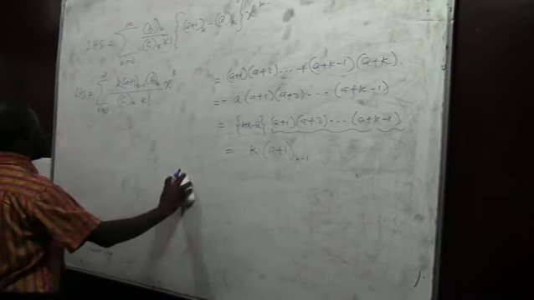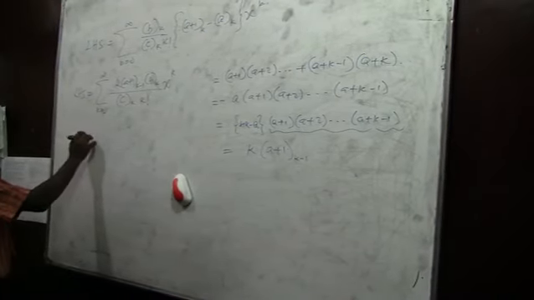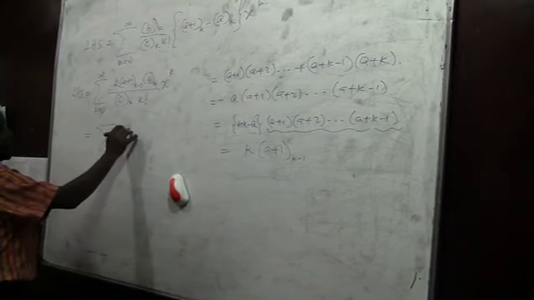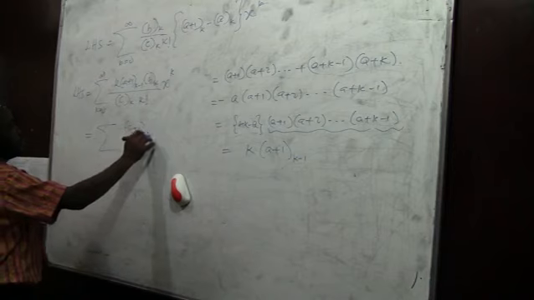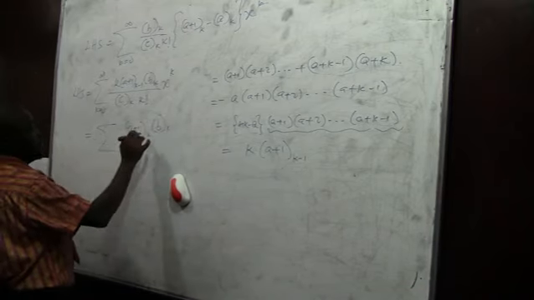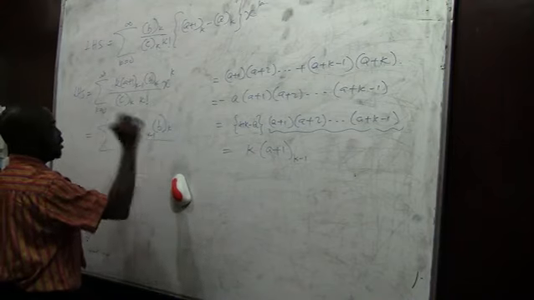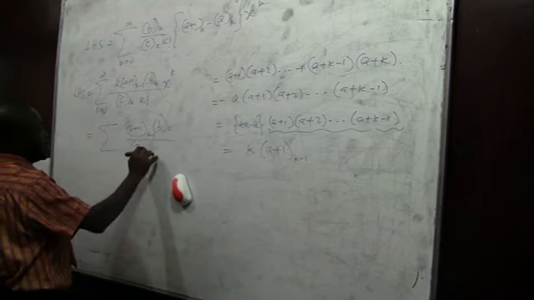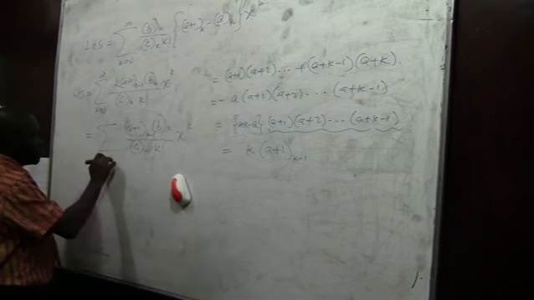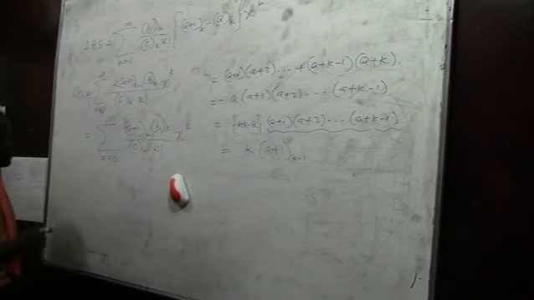That is what we have, which becomes summation of (a plus 1) sub (k minus 1), b sub k, k divided by c sub k, k factorial, x raised to the power k, k from 0 to infinity.